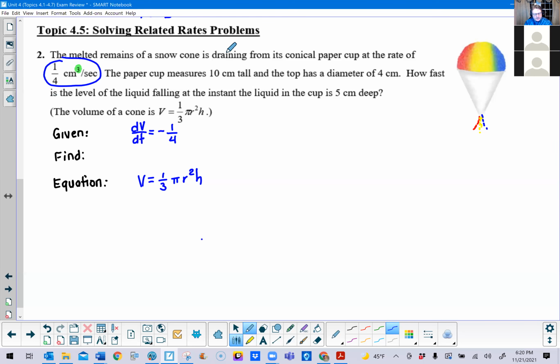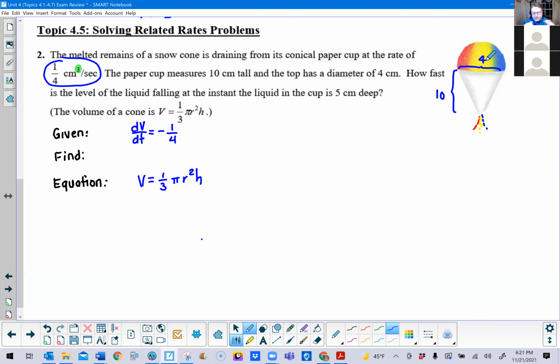What other kinds of information do we have? Well, the paper cup measures 10 by diameter 4. And so that's something that you don't really have to put down in your given, find, equation. You could actually kind of start labeling your picture. Make sure you understand the difference between diameter and radius, because sometimes teachers can be a little devious. I haven't done this to you yet on a quiz.